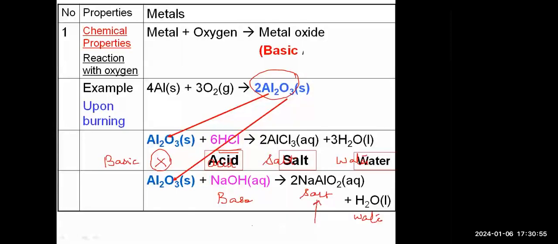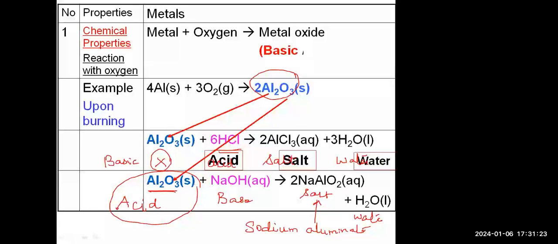NaAlO2 is a salt called sodium aluminate. This also we have discussed in the previous chapter. Now here in this equation, aluminium oxide is behaving like an acid because acid and base react to give salt and water. So in the second equation, it behaves like an acid. This is strange.